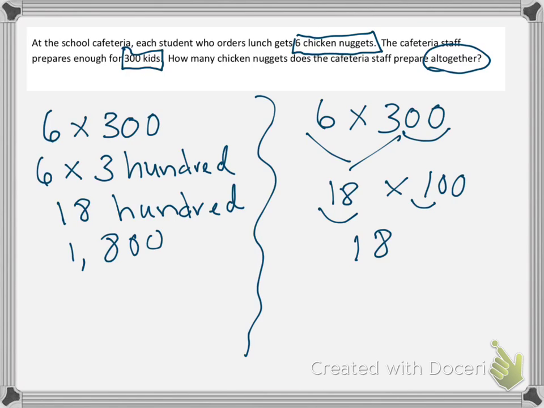But in our place value chart, we're moving twice to the left because we're multiplying by 100, which is 10 times 10. So we're going to put on those 2 zeros. So 1,800 chicken nuggets need to be prepared all together.